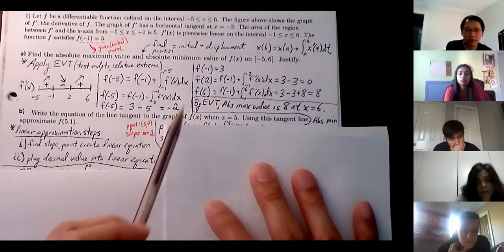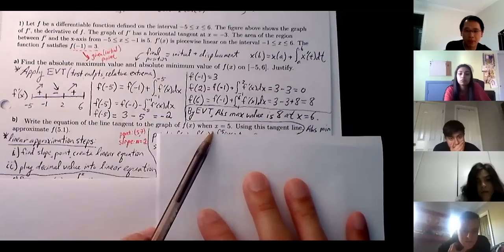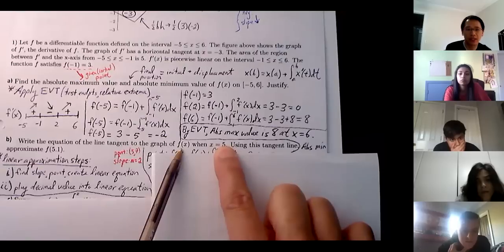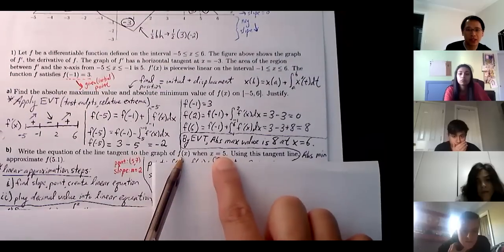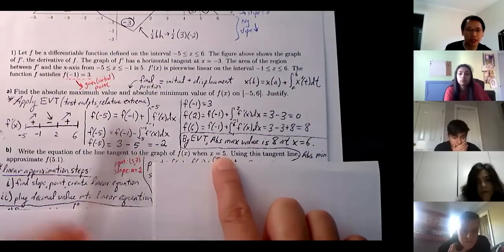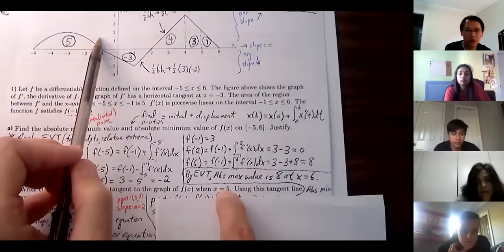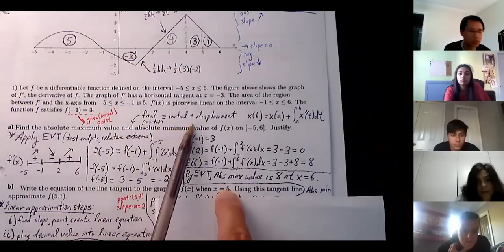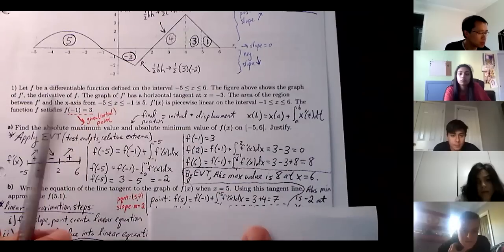So if I want to find my tangent line equation, I need to find my ordered pair and my slope. So we want to find f of 5. Now with f prime, we have to find that through this process: final position is equal to initial plus displacement.